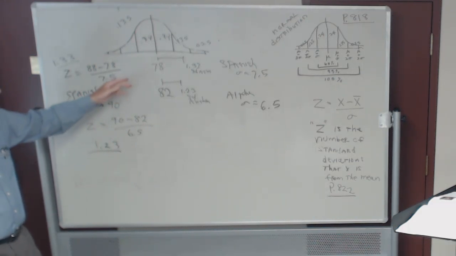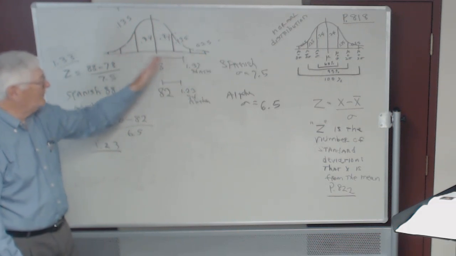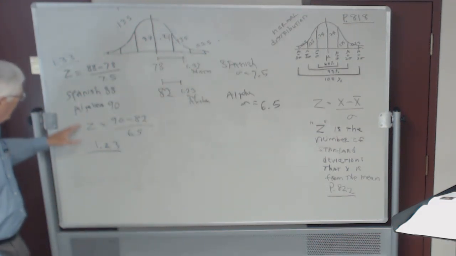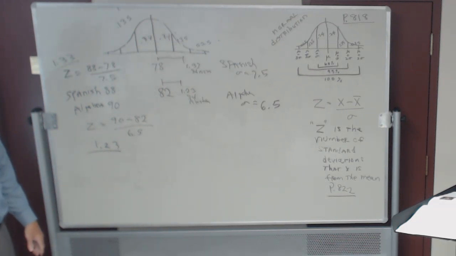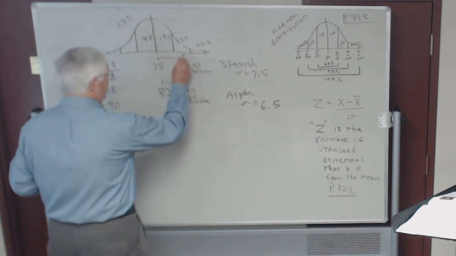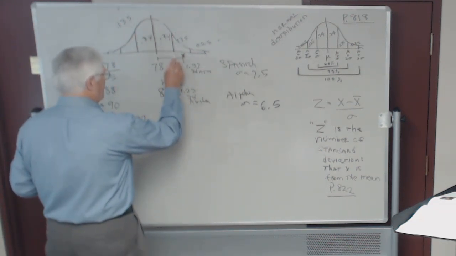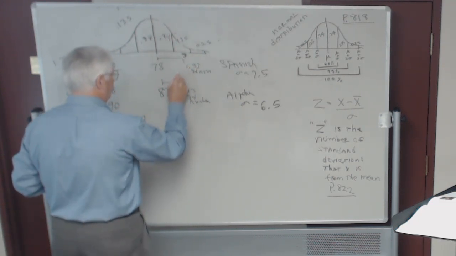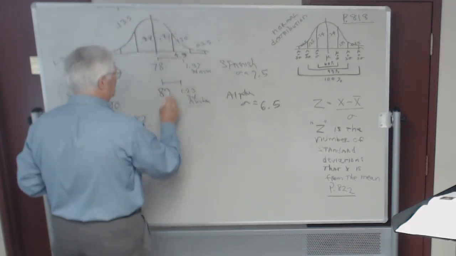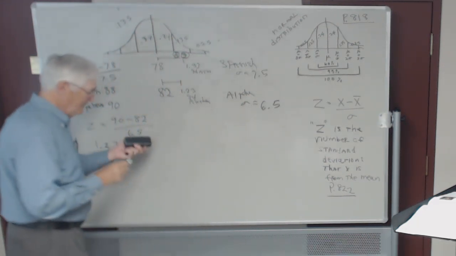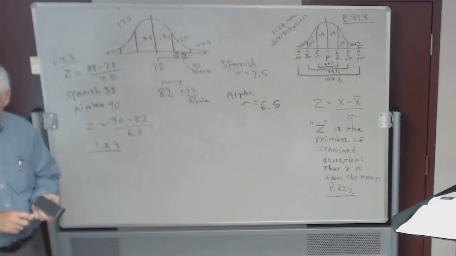So where is his score higher on the normal curve? Here he is for Spanish right here, and here he is for algebra. Here's his Spanish score, and here's his algebra score. Where did he do better? In Spanish.